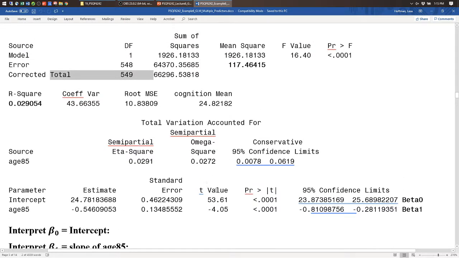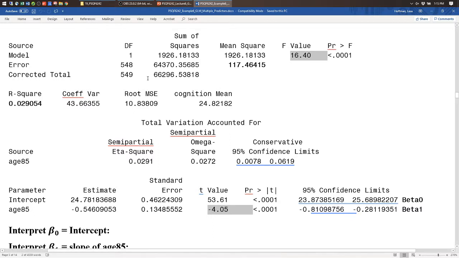Also, the square root of F, in this case, because we only have 1 slope, is T, and there it is. Square root of 16 and some change is 4 and some change. So either way, the model is significant because the one slope that's in it is significant.